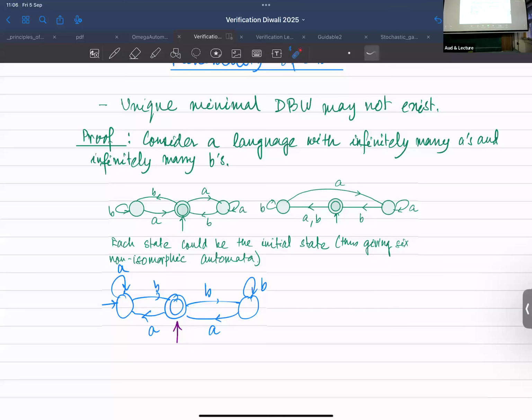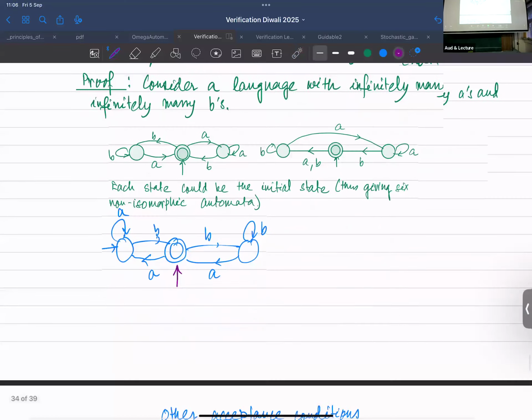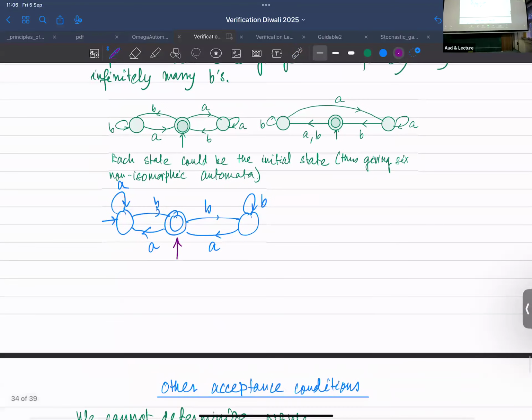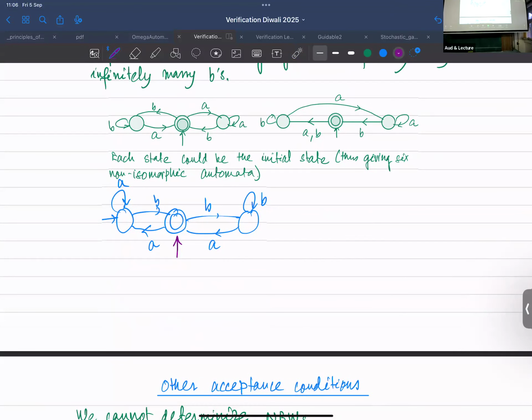Now, one final note. We saw that NBWs cannot accept something like finitely many A's. But now if I have a different acceptance condition... This was the automaton corresponding to infinitely many A's.